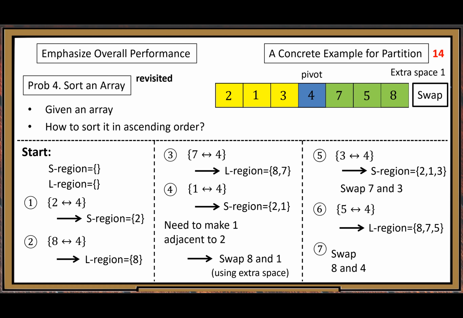So you will see at the end, we sort the whole array. Think about that. At the end, when we apply this partitioning process in various subarrays, then we will get the whole array sorted.